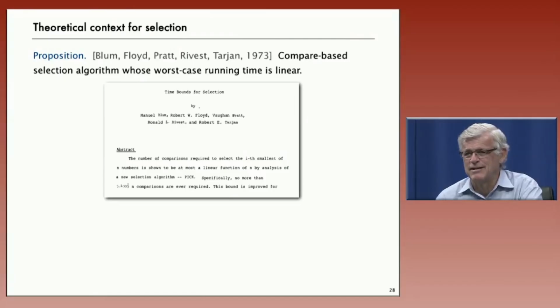And in 1973, there's a famous paper that found a compare-based selection algorithm that guarantees to solve the problem in linear time. This was a real landmark in the theory of algorithms because for a long time it was not known. We knew we could have the average case be linear time, but could we find a worst case? And this paper found such a construction.